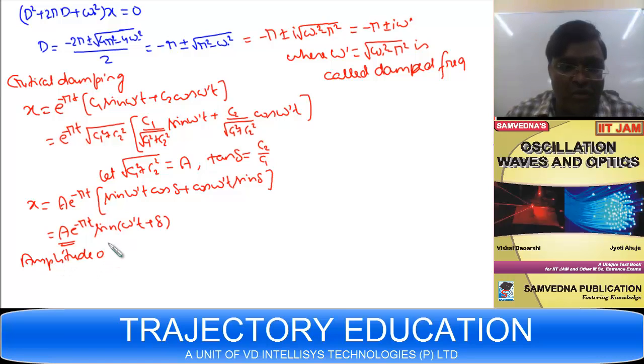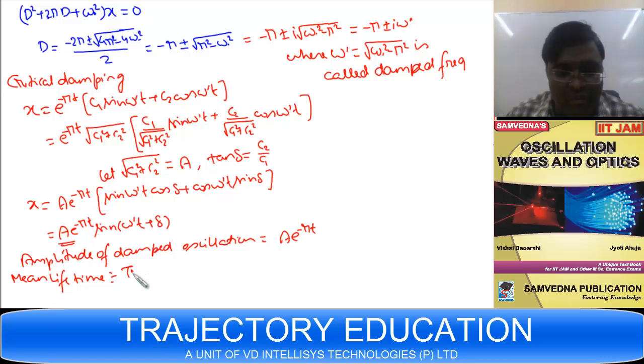The amplitude of the damped oscillation is falling exponentially. We define here one quantity called mean lifetime. What is mean lifetime?